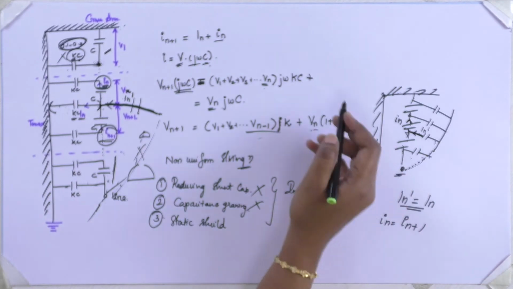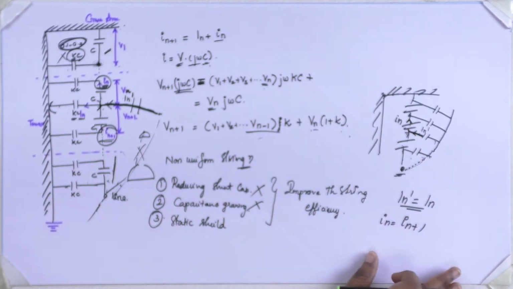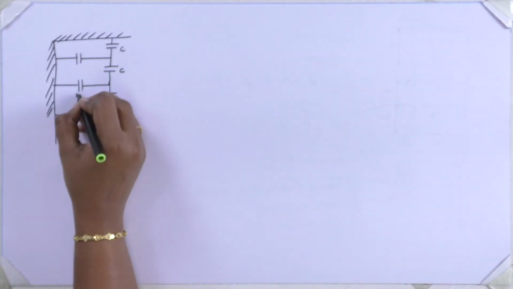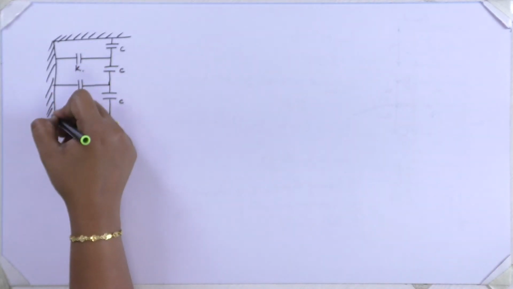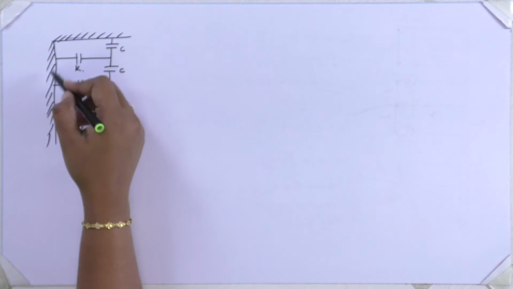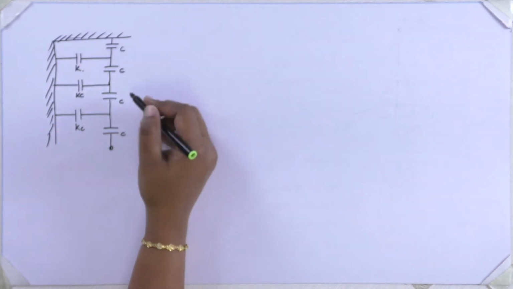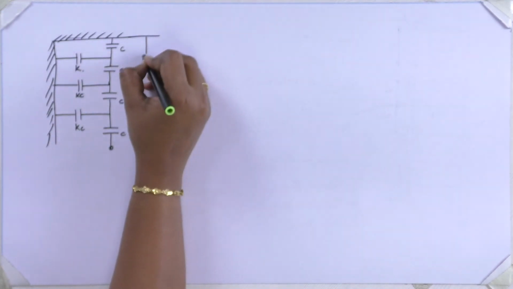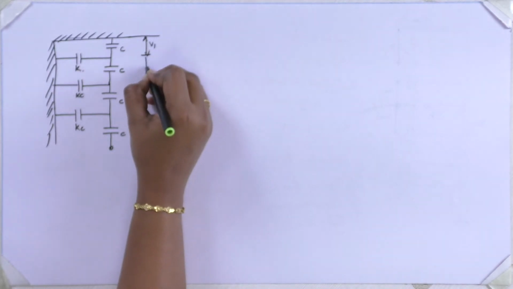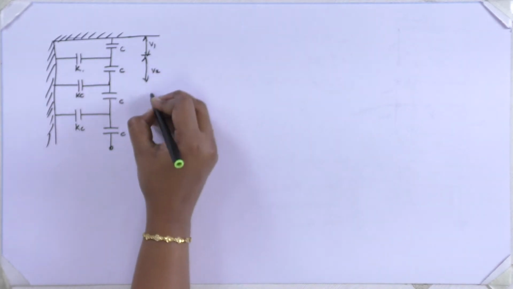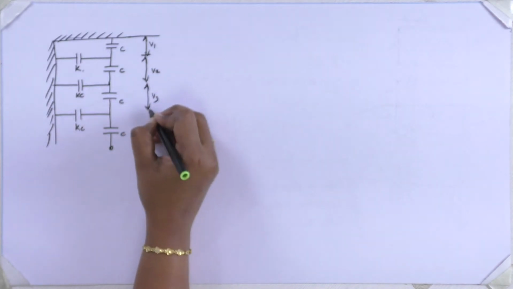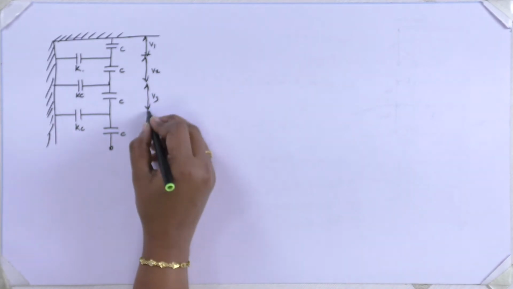The main thing about the string efficiency factor, you can understand from the problem. From the given problem, as we have discussed, I have drawn the cross arm and the tower and the capacitance between the lines, and we will denote the voltages as V1, V2, V3 and V4.